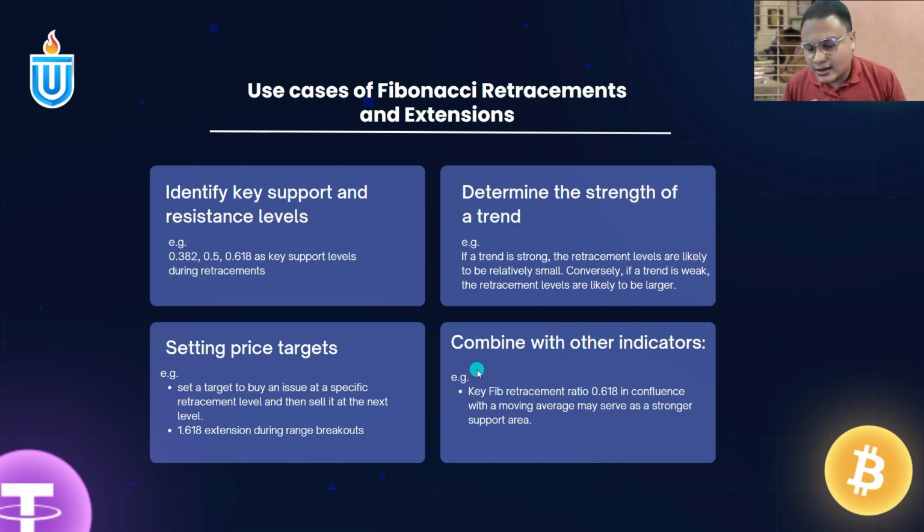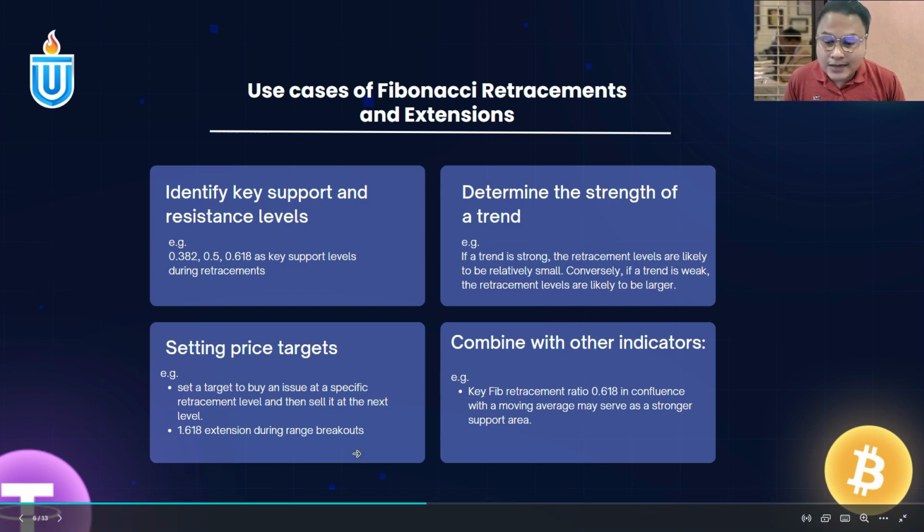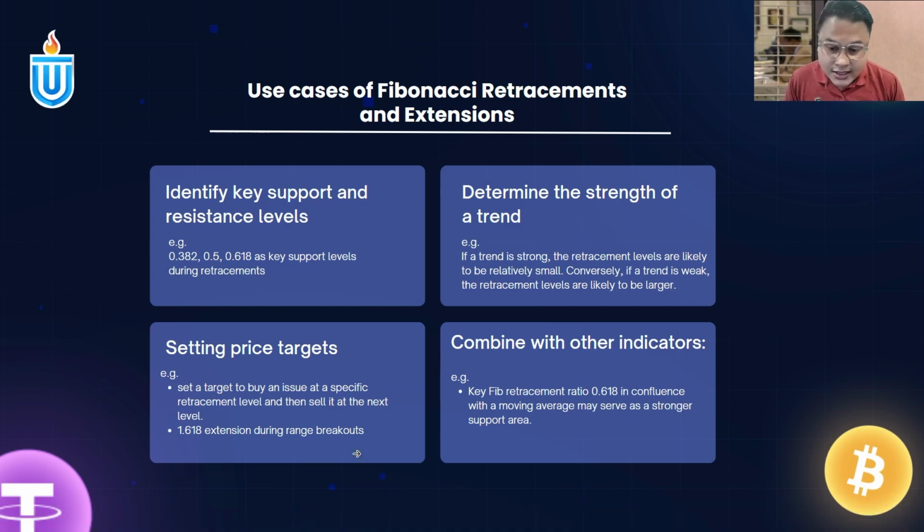So, later on, mas i-discuss natin yan. Next is yung setting price targets. So, yung fib retracements, pwede mo yan gamitin as buy and sell areas, and you can set a target to buy an issue at a specific retracement level, no? And then sell it at the next level. And ayun, another example is using the 1.618 extension during range breakouts.